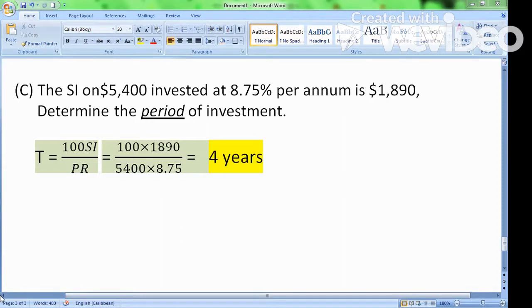So we're going to look at compound interest and look at a few questions. I hope I can do this in 10 minutes. Let's try. I doubt it though.